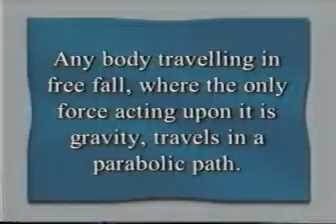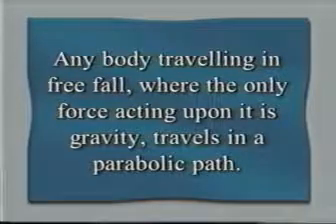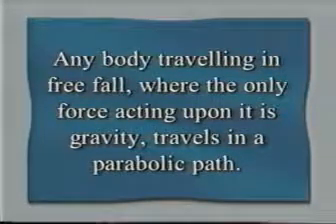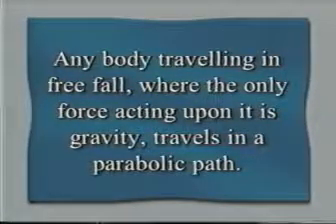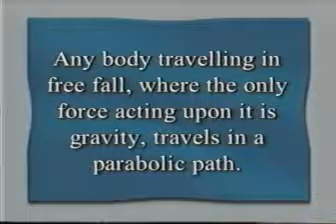The parabolic shape has many uses, but one use we've already referenced is ballistic trajectory. Any body traveling in free fall, where the only force acting upon it is gravity, travels in a parabola.